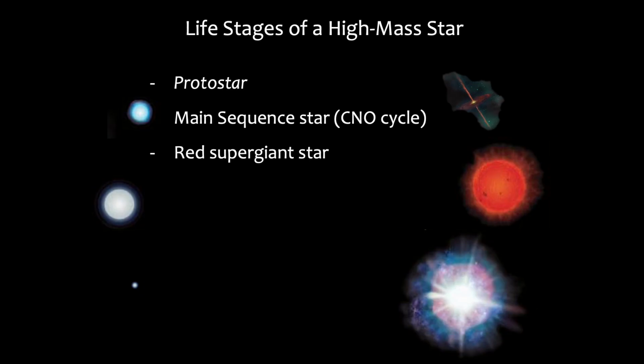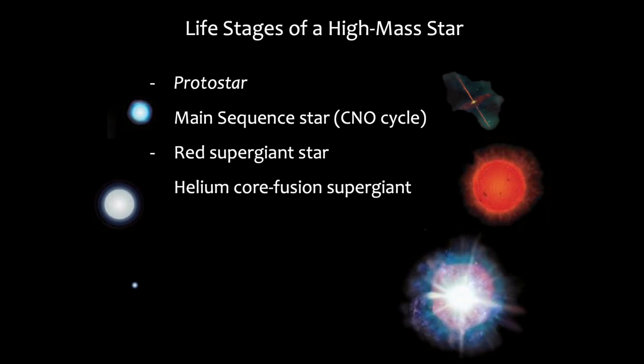But the difference here also is that there is no helium flash. That's because the core is hot enough to prevent the helium core from going into a degenerate state, which would result in a helium flash. Since that does not happen, there will be no helium flash.